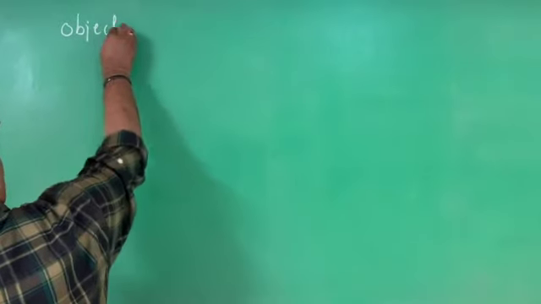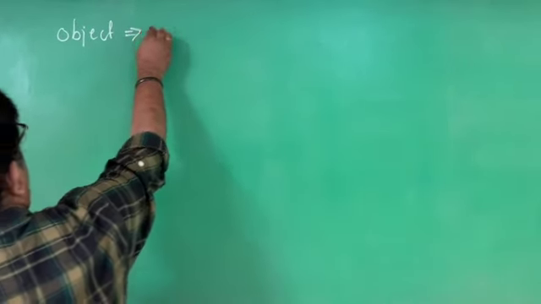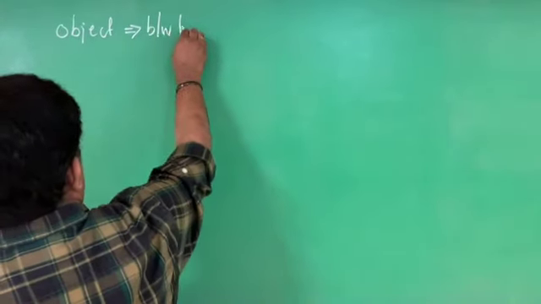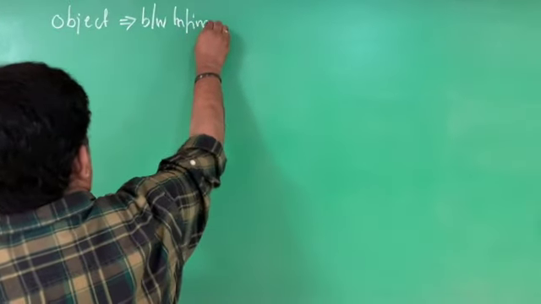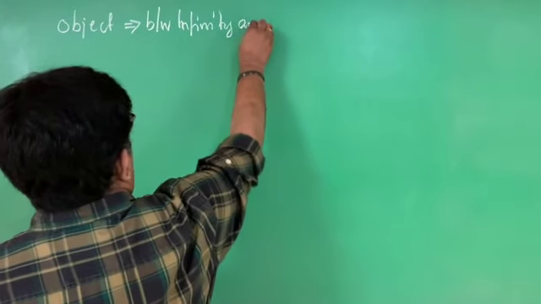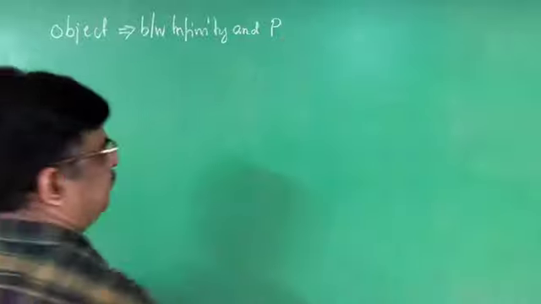The second ray diagram is where the position of the object is anywhere between infinity and P. P means pole of the mirror. Therefore, the object is placed between infinity and P. P stands for what?